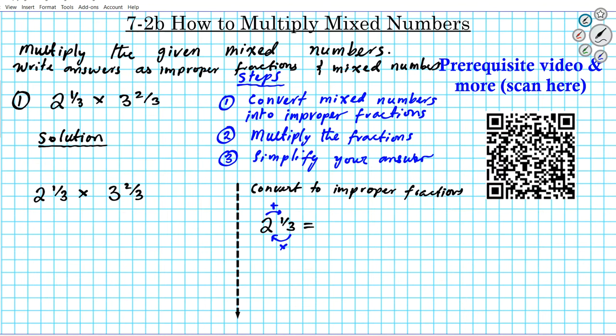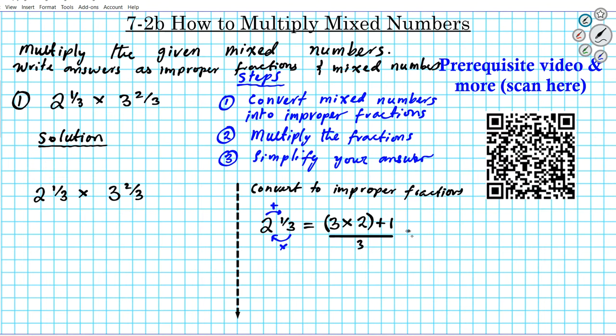So you're going to take 3, the denominator, multiply by the whole number, so 3 times 2, and then add the answer to 1. And don't forget to divide that by the denominator, which is 3.